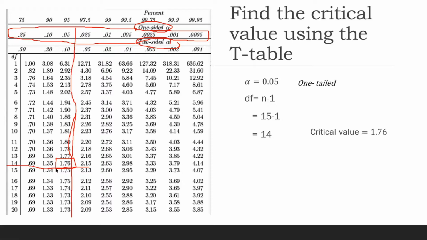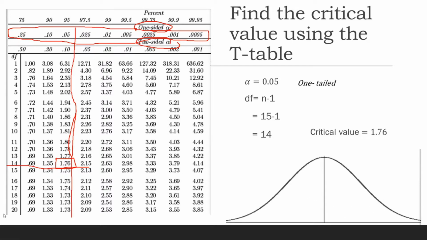Since greater than siya, it is positive. Nasa right side of the normal curve tayo and that is positive. So, kaya ang critical value natin ay positive 1.76. So, nandito yung ating critical value nasa positive part which is 1.76. So, this is the rejection region.